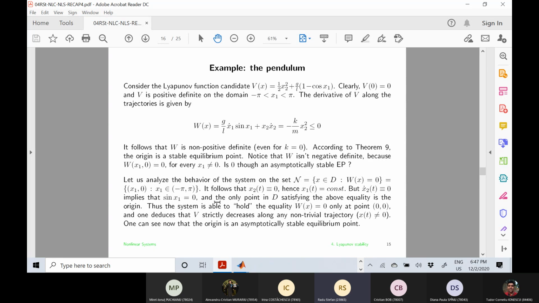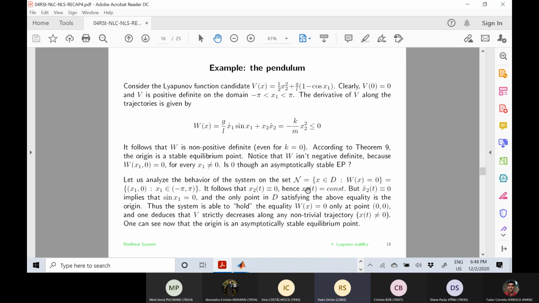But now comes into place another way of reasoning. The question is, will the energy of the system still decrease at points where W is 0? I mean, yes, when it's 0, it will not decrease strictly. But can we prove that eventually it decreases?